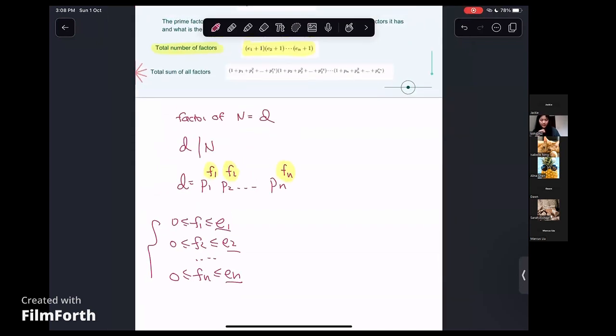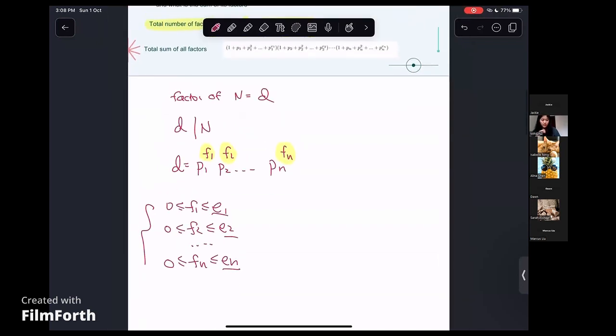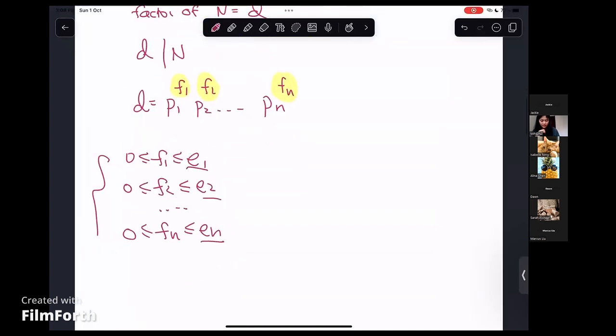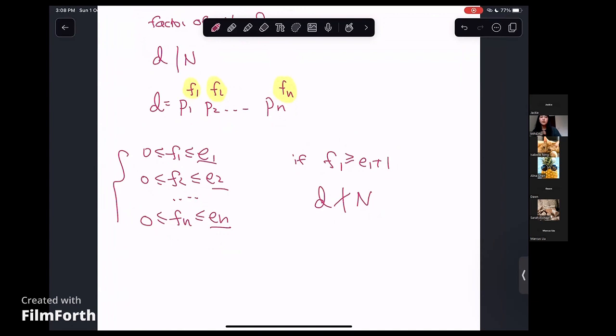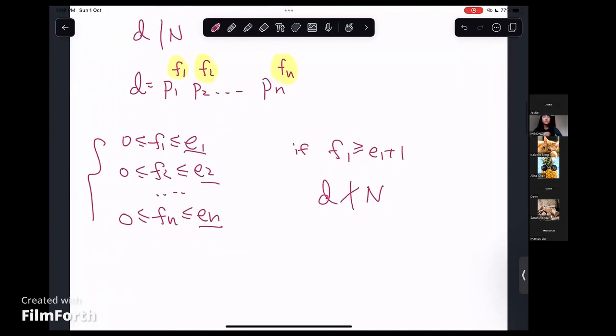If f1 was equal to E1 plus 1, then it means that d can't divide into n. It can't divide into any other prime factors of n, but it's got a bigger exponent than n does, then it just won't divide. And you can try this out for yourself to see if it works.